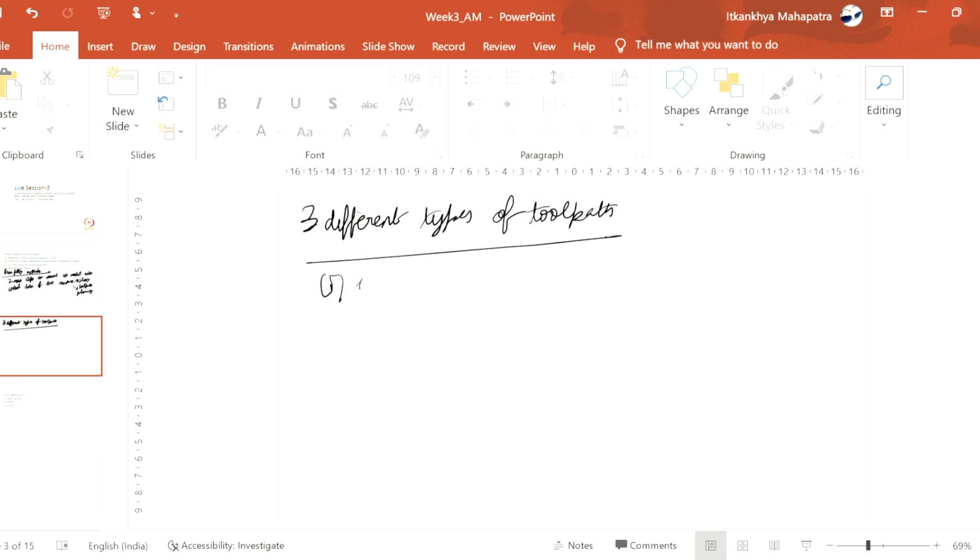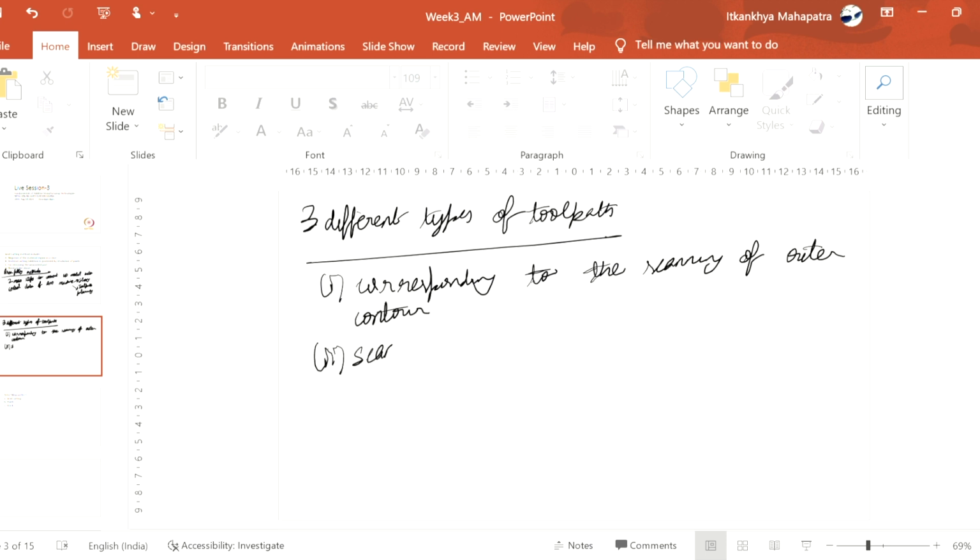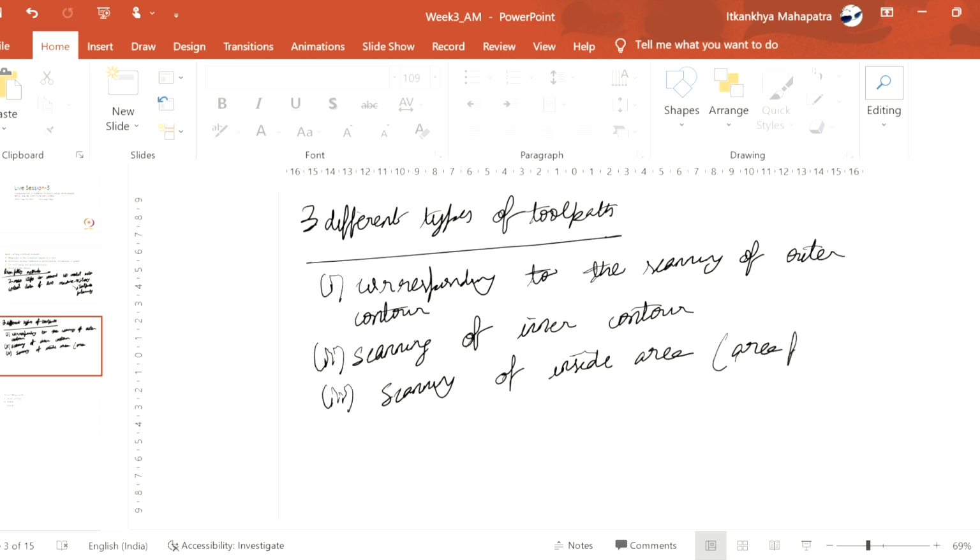That is, one corresponds to the scanning of the outer contour, one is scanning of the inner contour, and one is scanning of the inside area, which is known as area filling.